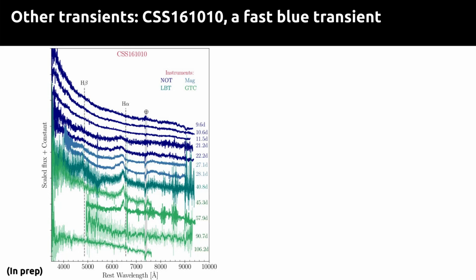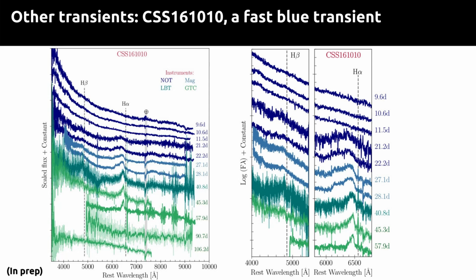The good thing about this object is that we have a spectral sequence, thanks to NOT and other sources. In this case, we can identify, in principle, the hydrogen lines. But there is a problem, and it is that the hydrogen lines are blueshifted by a lot.